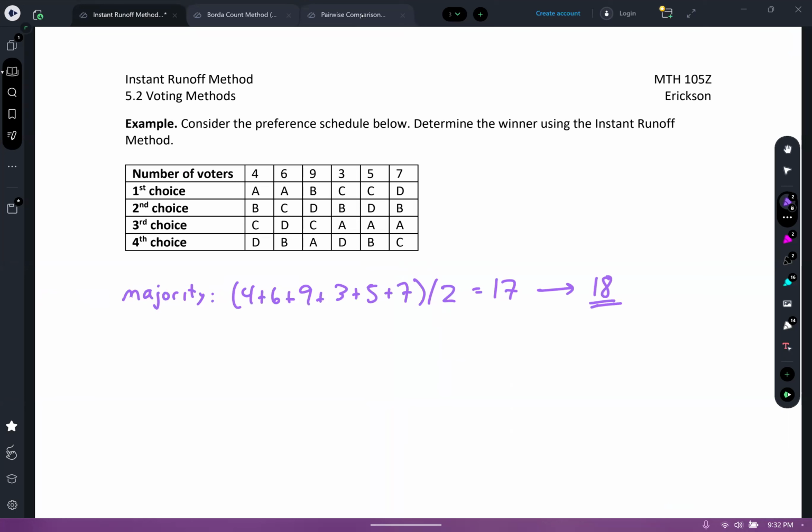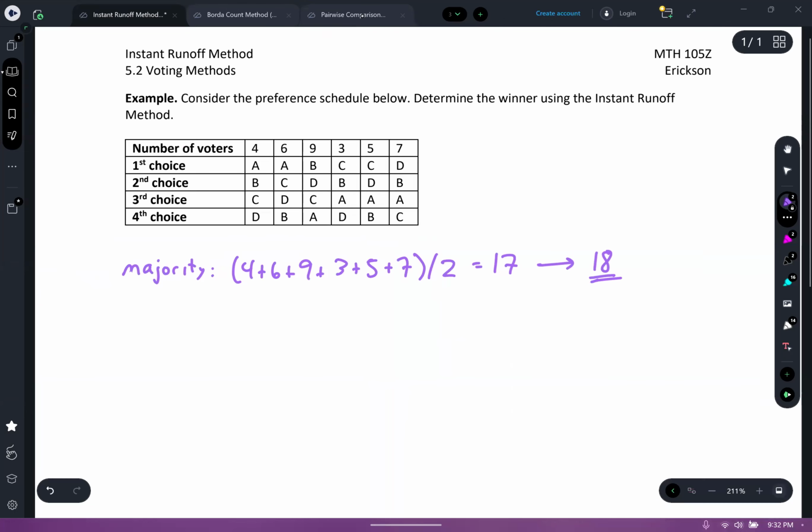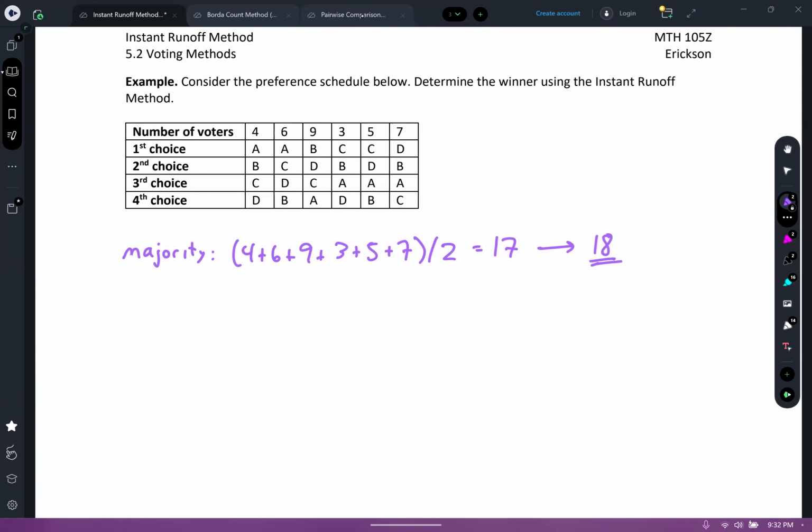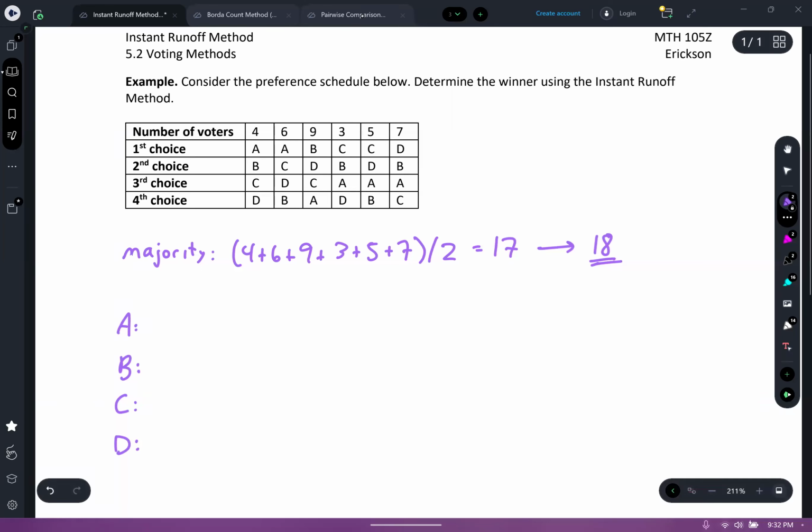So to start the instant runoff method, we'll first look at how many first place votes each candidate got. So in the first round, we're only looking at this first row, and we'll see how many first place votes each candidate received. Now, there were 4 voters who ranked A first in this column, and 6 voters who ranked A first in the next column.